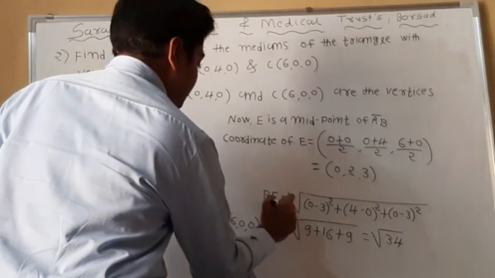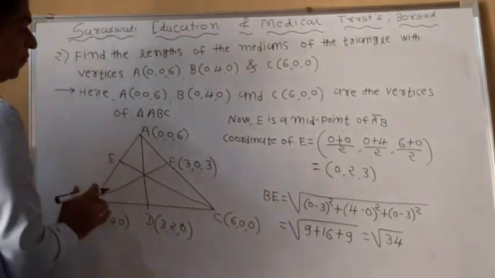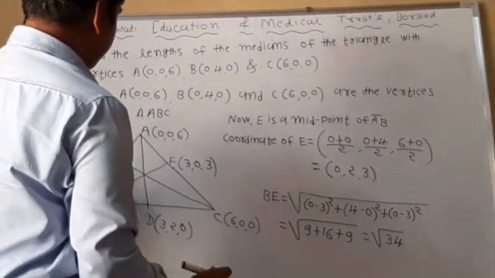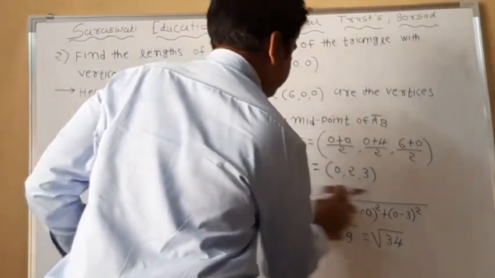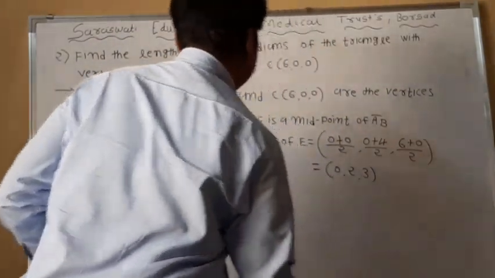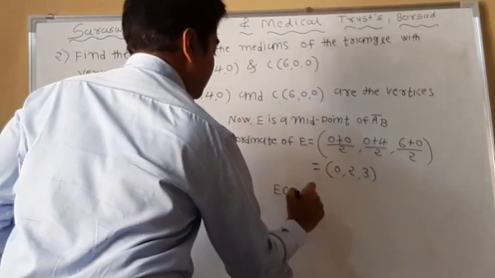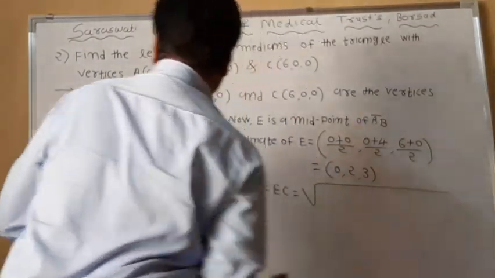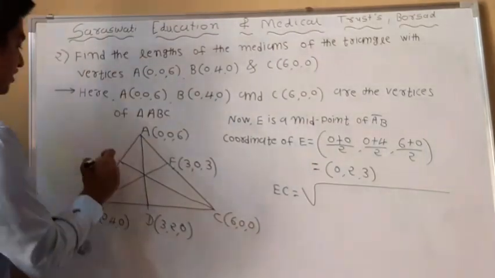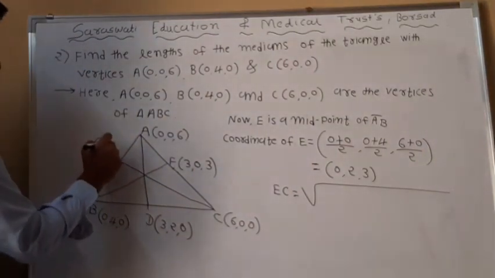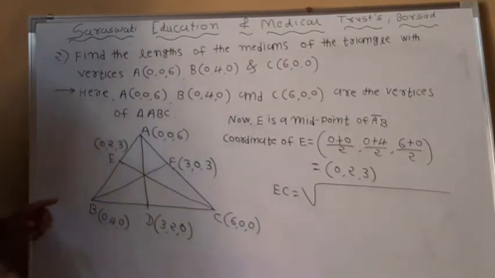Now using the distance formula, here we can find out EC. So EC is equal to under root. Okay, here written the coordinate of E 0, 2, 3.